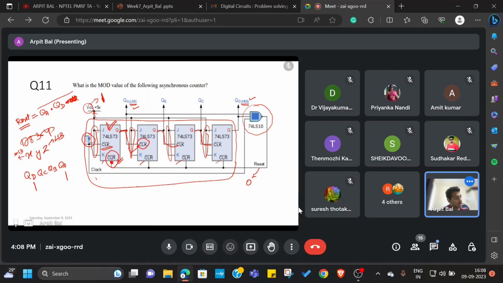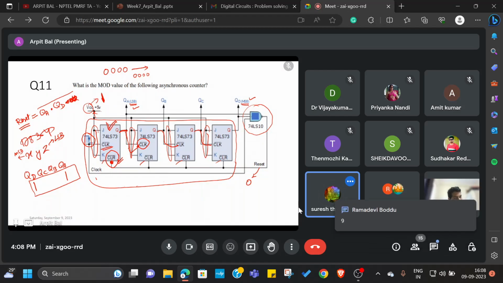Up counter, let me assume that the initial state is 0 0 0 0. Let's say I fix these two values. What is the minimum value for which QD QA is equal to 1 1, if I am starting the count from 0 0 0 0? Can anyone tell me? 9, correct.